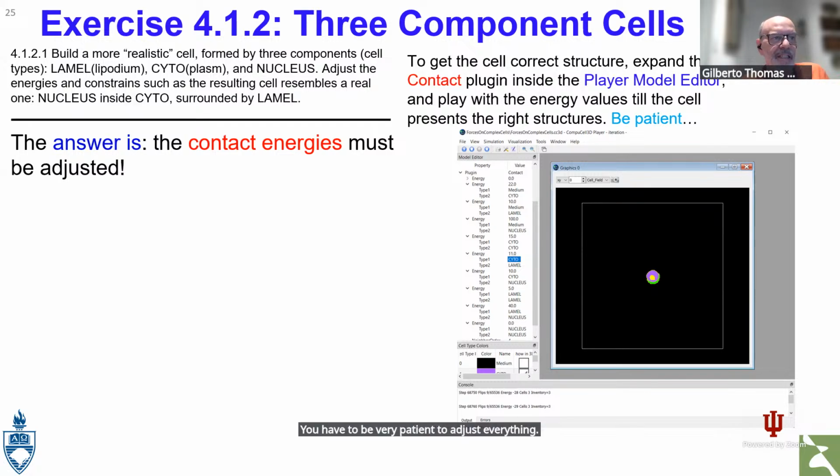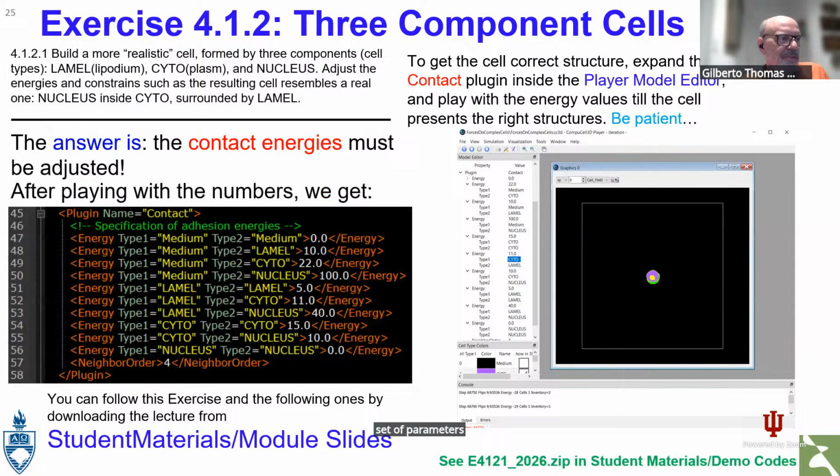Okay, so I did that already, and I got a good set of parameters, which are those. I think it is in exercise 4.1.2.1. Everything is fixed already.